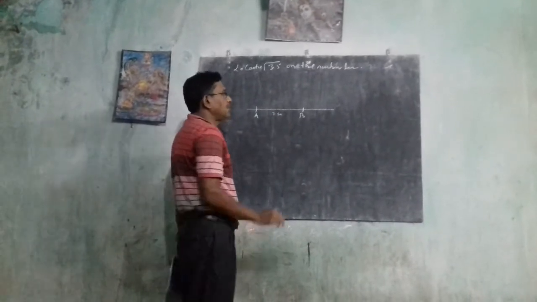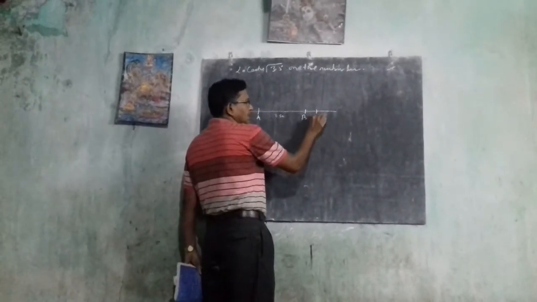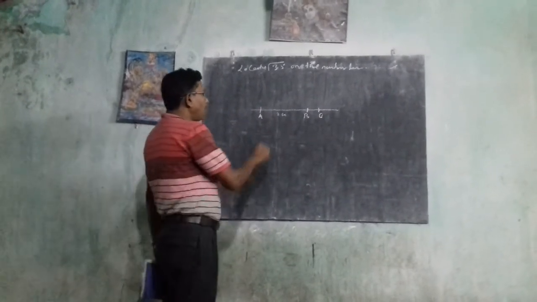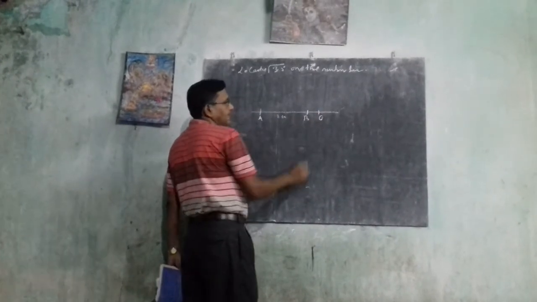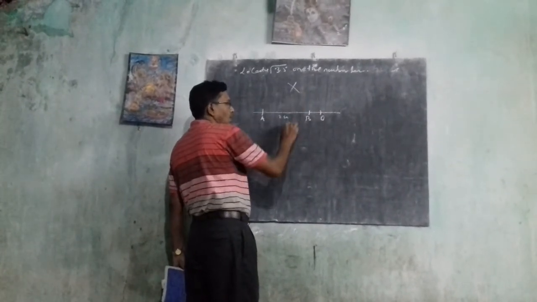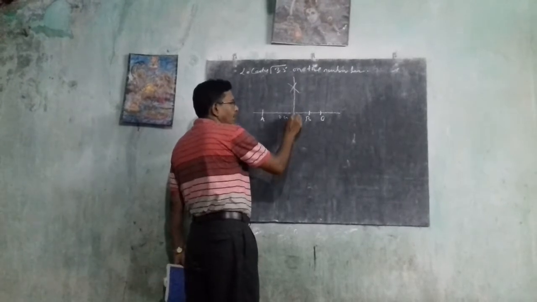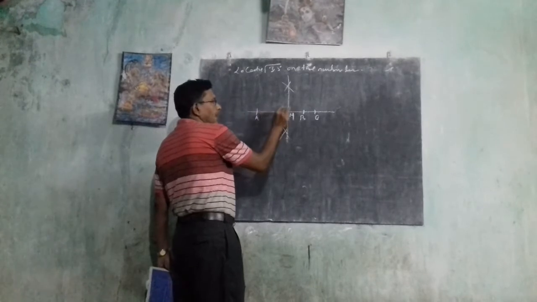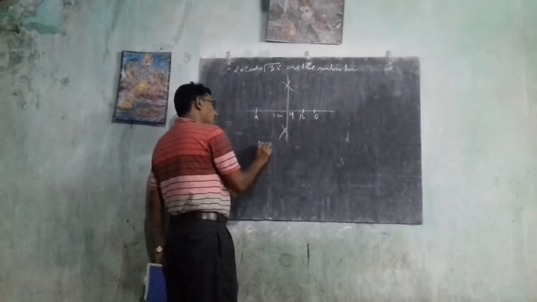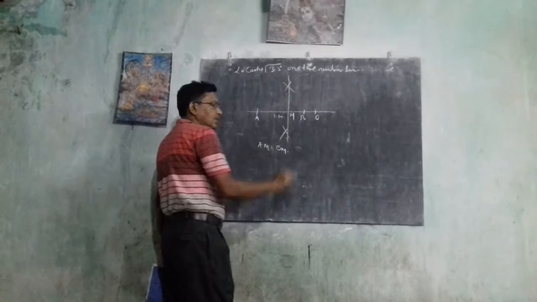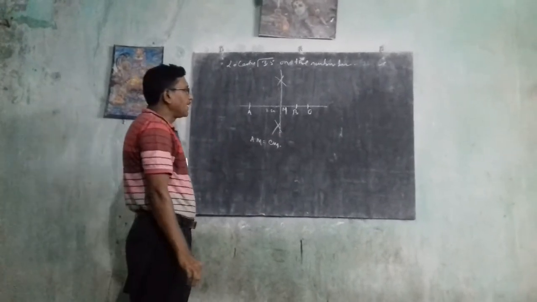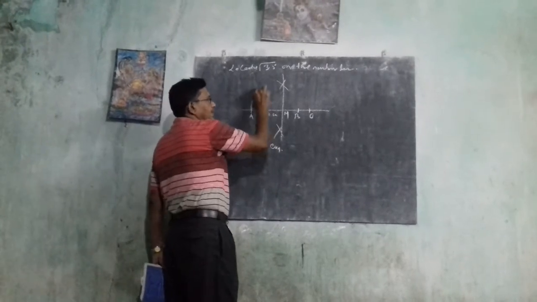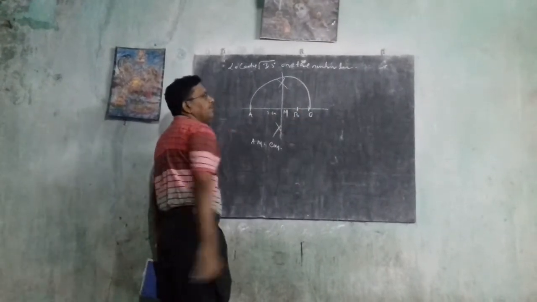Then take 1 cm from B and cut C. Now bisect AC with the help of the compass, and the point we get is M. The distances M to A and M to C are equal, so AM equals CM. Now we take M as center and AM as radius and draw a semicircle.